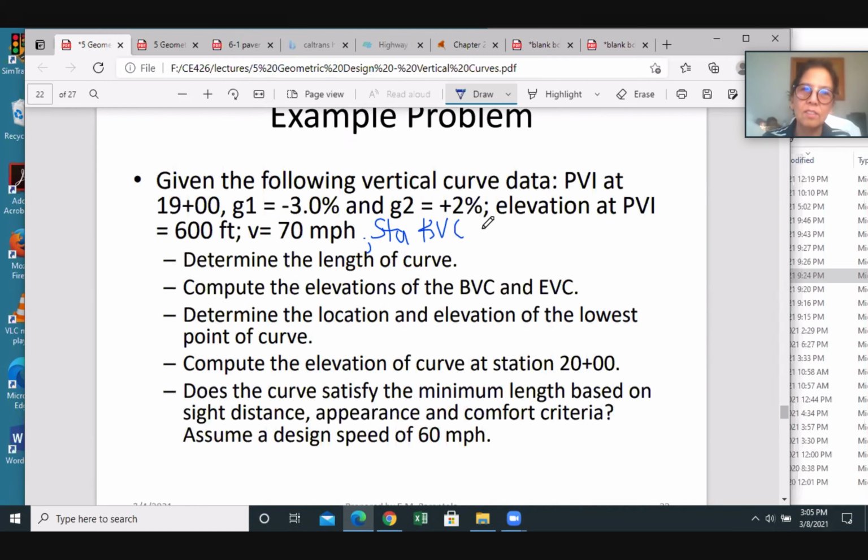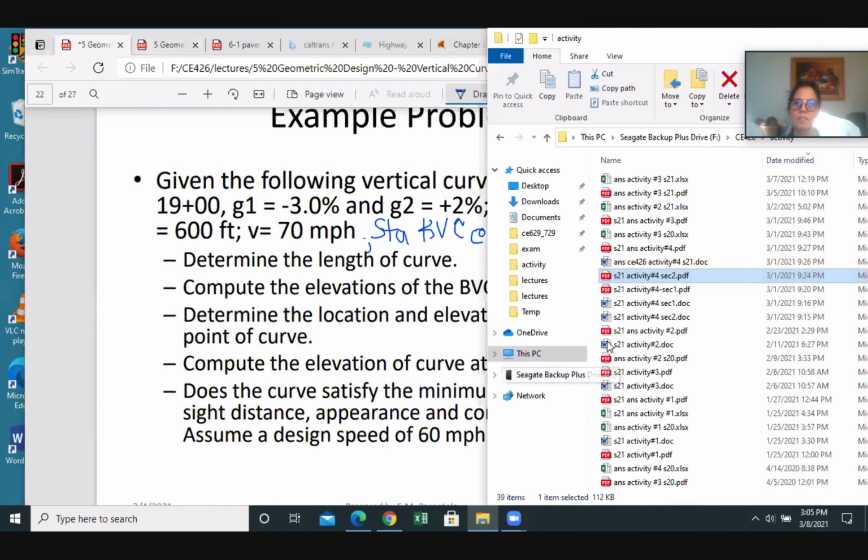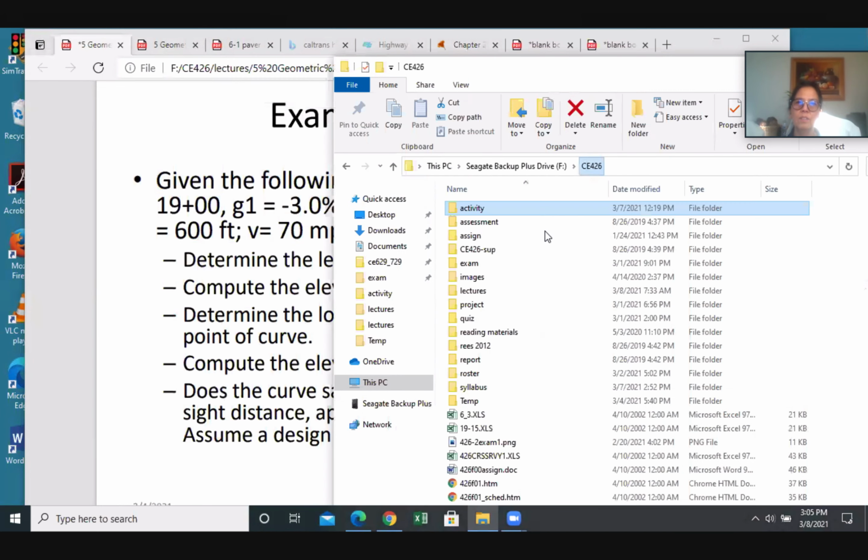Plus 0, 0. Okay, this is important information, so please note this one. Station is given at 16 plus 0, 0, then determine the length of curve. So that's what we will try to find out now.